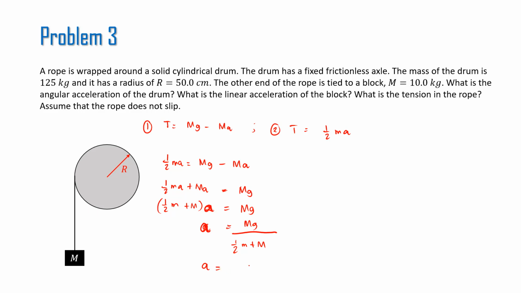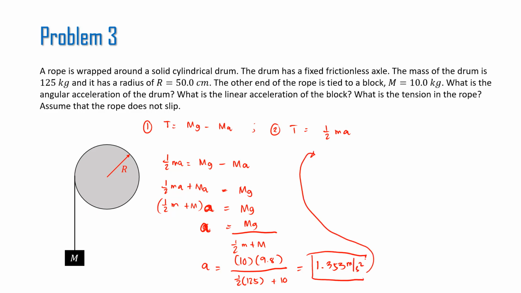So we have a is equal to the mass of the block, 10 kilograms, multiplied by 9.8 meters per second squared, divided by 1/2 times the mass of the drum, 125 kilograms, plus the mass of the block, which is 10 kilograms. So this is equal to 1.353 meters per second squared. So we have now obtained the linear acceleration of the block.